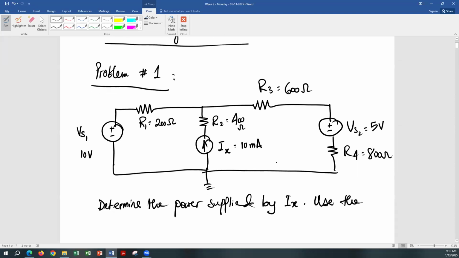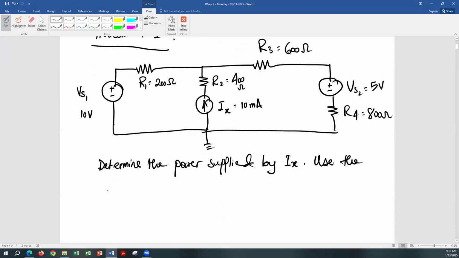So I'm going to combine basically two things here, that you have to determine what is the easiest method, and of course we'll have to calculate the power supplied by the source Ix.